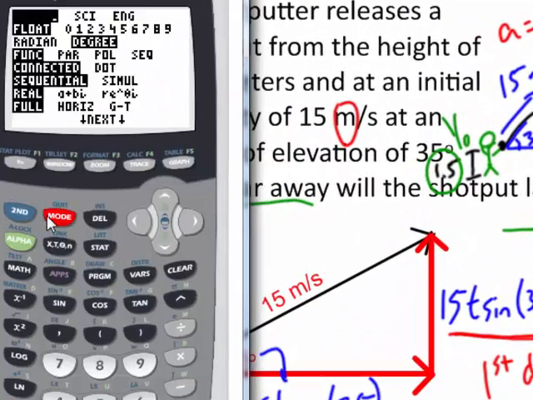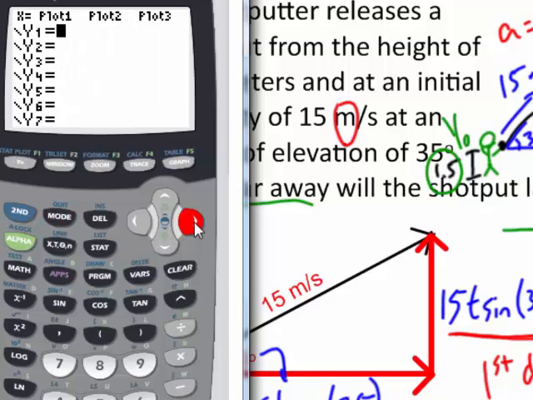Another thing we could do is take our calculator, make sure it's in function mode, which it is, and degree mode, which it is, and we could graph our parabola and find its roots. And instead of t, remember we got to use our x because we don't put t's for this guy when it's in function notation. So our x is representing the time, and then 15t times the sine of 35.